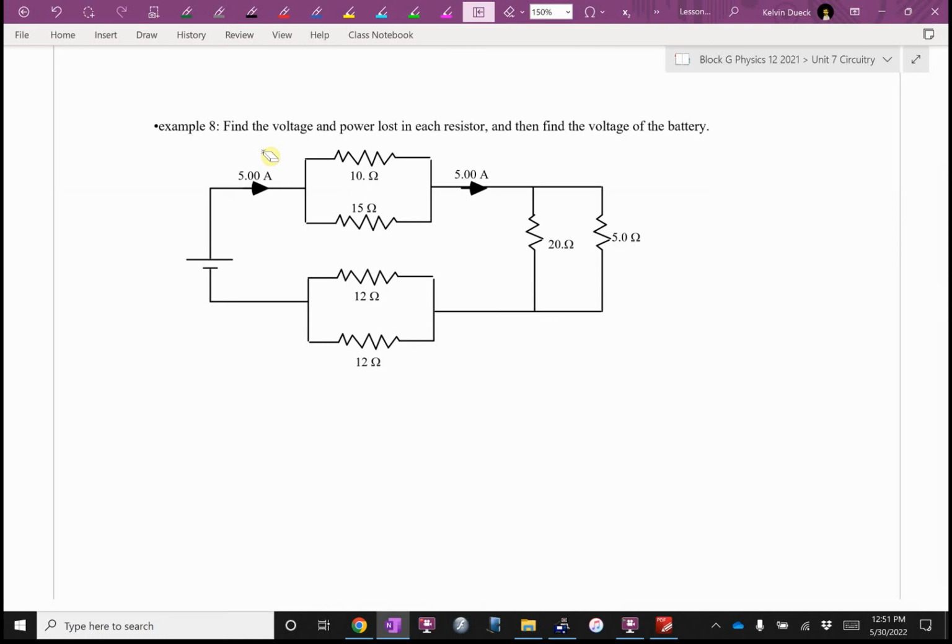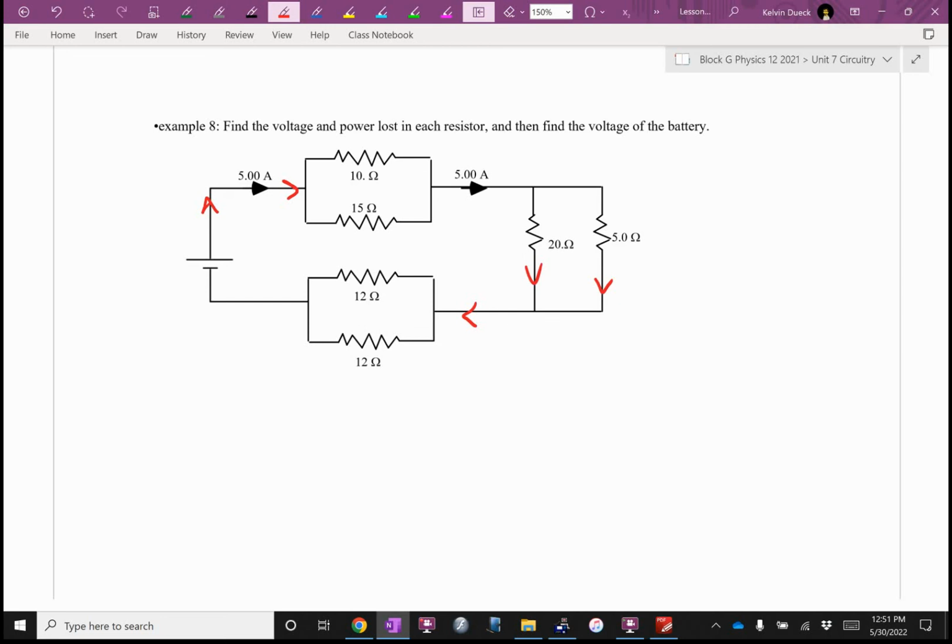They didn't tell me the total battery this time. First thing I'm going to do, label downhill. The circuit current goes that way, that way, that way. Do I know the total current leaving the battery?